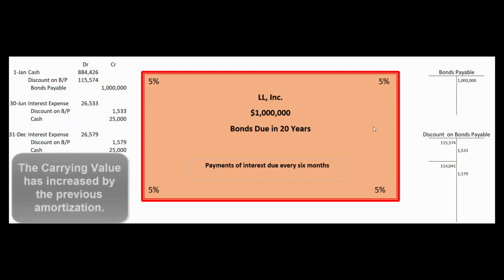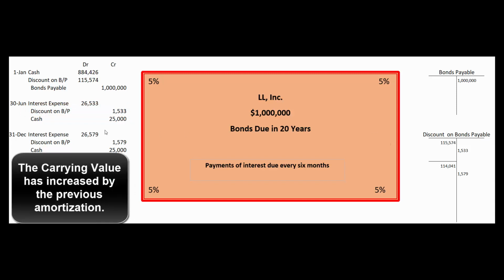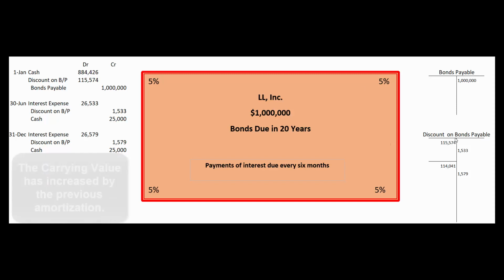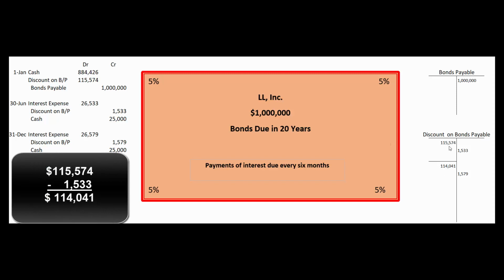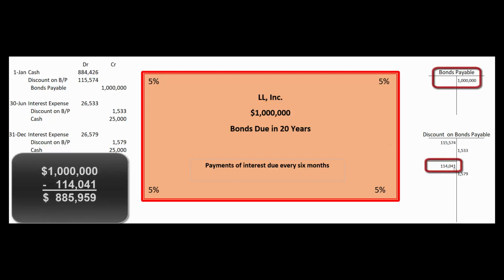The second payment is just a tiny bit more complicated. The carrying value of the bonds is now that $1 million minus the balance on discount on bonds payable, which went from 115,574 minus the 1,533 we amortized the first time, means that our balance in that discount on bonds payable is 114,041, which means the carrying value of the bonds is 885,959.